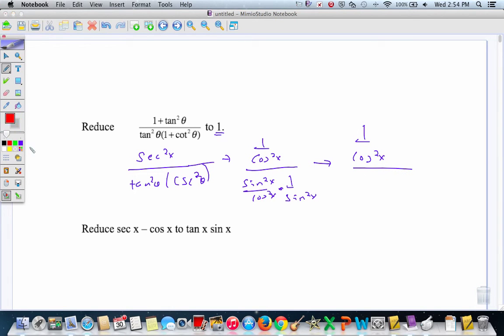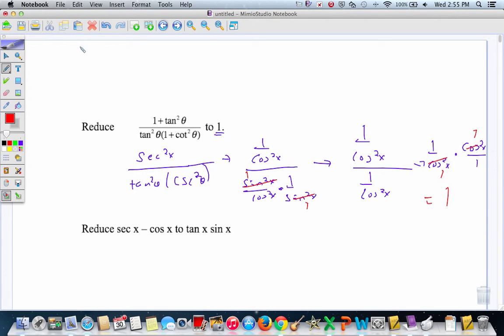My 1 over cosine squared stays for right now. In my denominator, I have two fractions I'm multiplying together. The sine squareds cancel, and I'm left with 1 over cosine squared. I'm dividing fractions, which means I have 1 over cosine squared multiplied by the reciprocal, cosine squared over 1, and you can see more canceling going on. We've simplified it all the way down to 1.